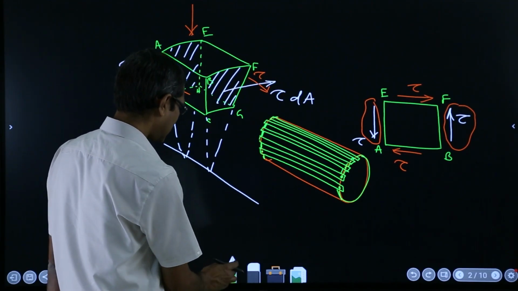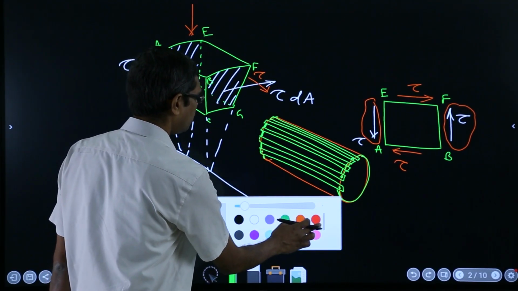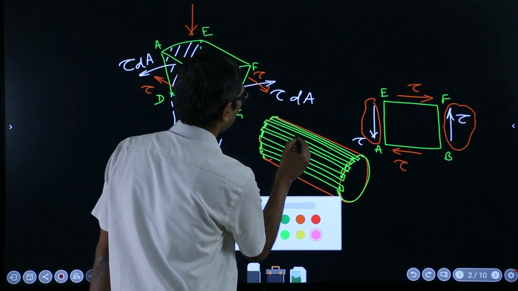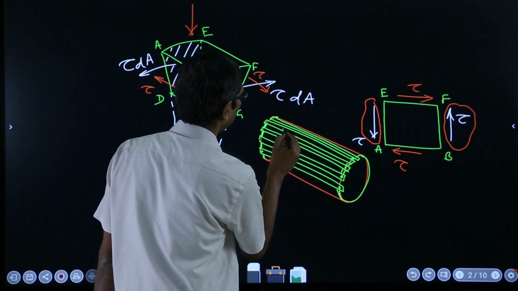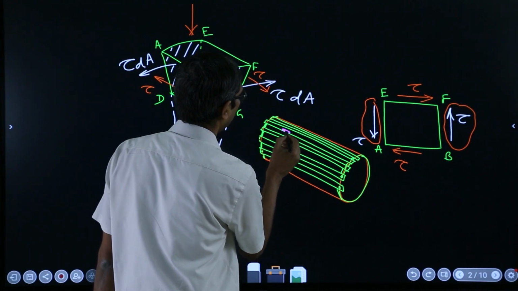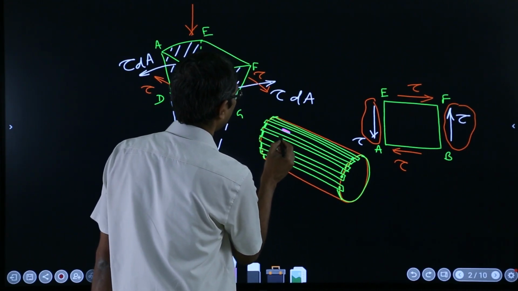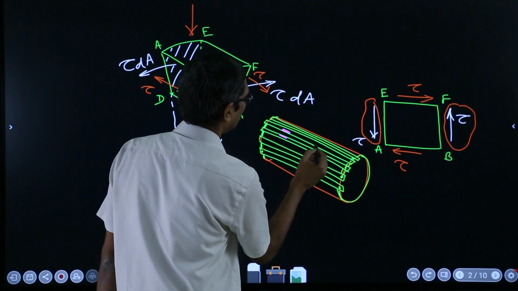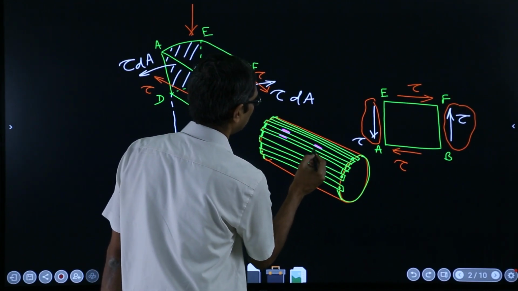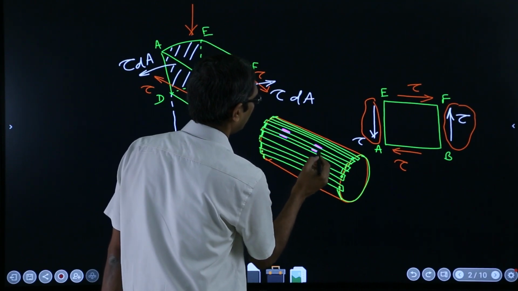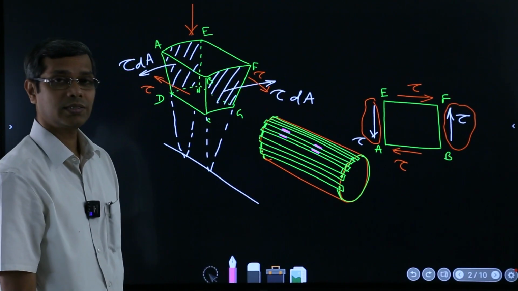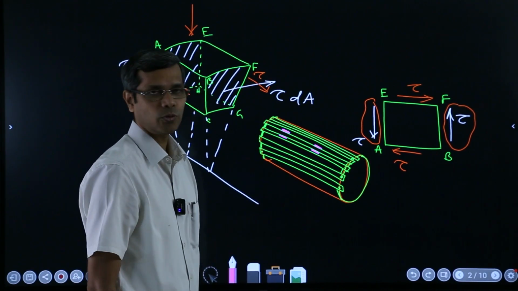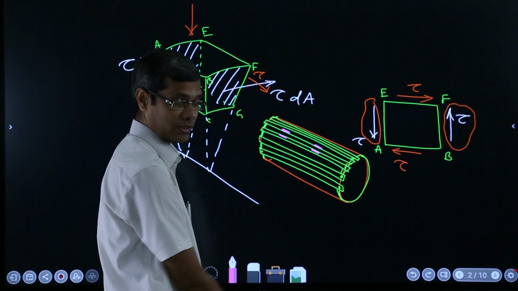But before twisting them, you put some stickers, say here you put a sticker, and correspondingly here on this segment, and similarly at two or three locations. This is the status of the stickers before you twist it.